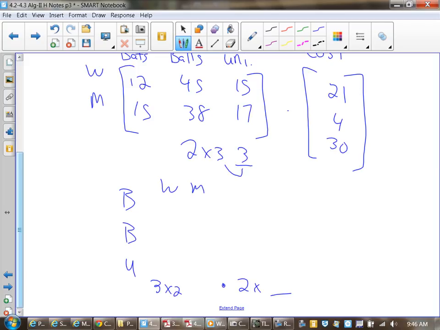It's one set of costs. So either I have 3 columns with 1 row, or I have 1 row with 3 columns. That's the only way I can arrange the data, so I have to make sure that number matches up. When you first set it up, if you realize your dimensions aren't going to work, you just flip it.